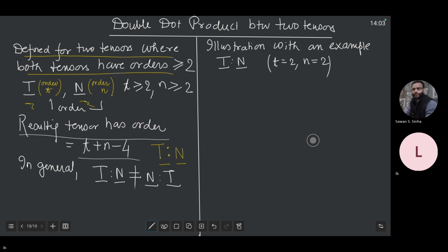I wanted to introduce this idea of a double dot product of two tensors, and I was saying that it is defined for two tensors where both tensors have orders greater than or equal to 2.